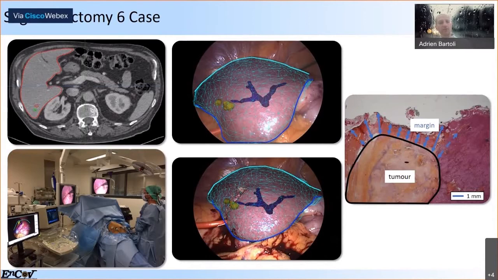In this case, you must know that ultrasound didn't work to guide the surgeon because there were too many artifacts. So the surgeon was left blind, and without augmented reality, would have had to remove a much larger part of the liver to make sure that all the cancer part was removed, because these were two cancer tumors.